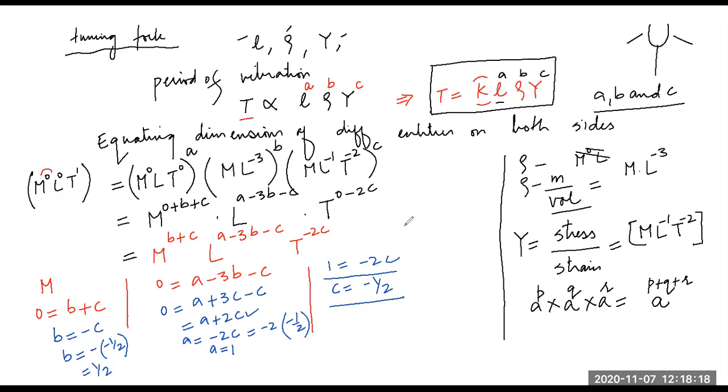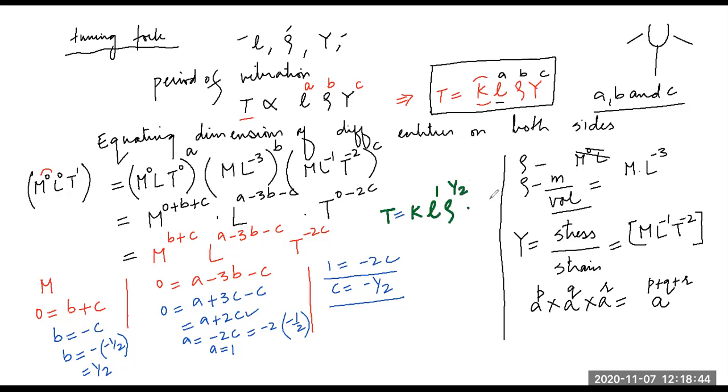So I got the formula. So T will be equal to, come on students, can you tell the formula? Anyone can tell? K L into under root rho by Young's modulus. L raised to power a, what is a? 1. Rho density raised to power b, b is 1 by 2.